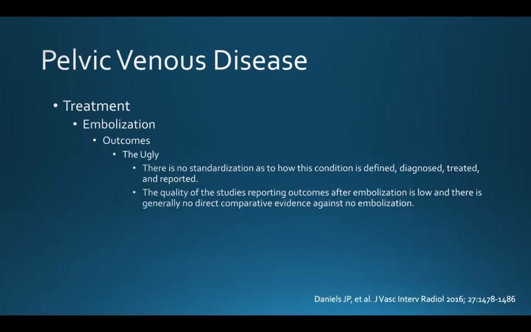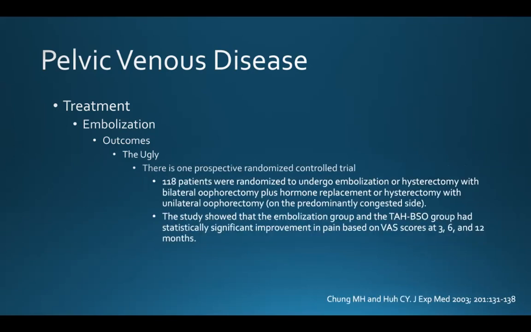The quality of the studies reporting outcomes after embolization is also considered to be low, and there's generally no direct comparative evidence against no embolization. A lot of people do talk about the one prospective randomized controlled trial that's out there.